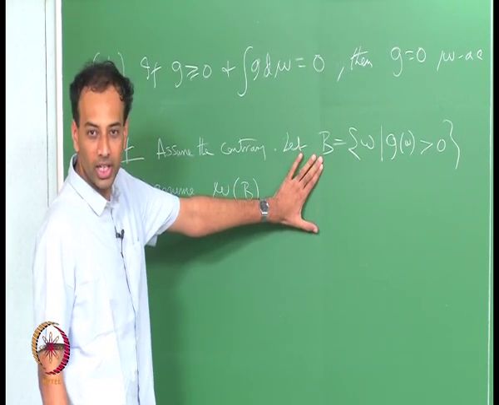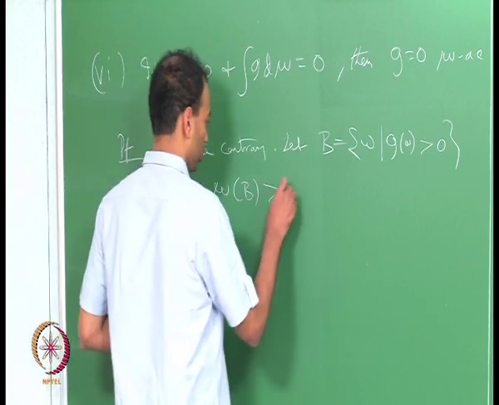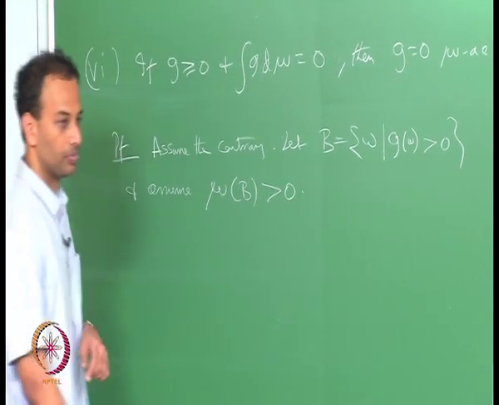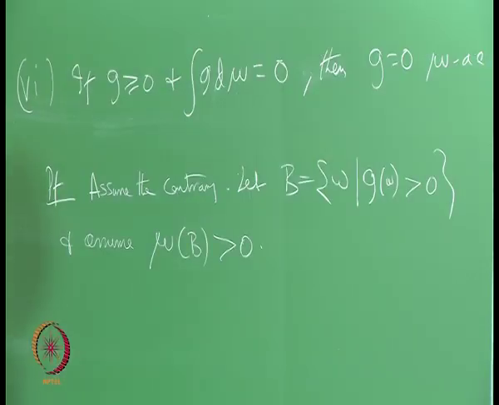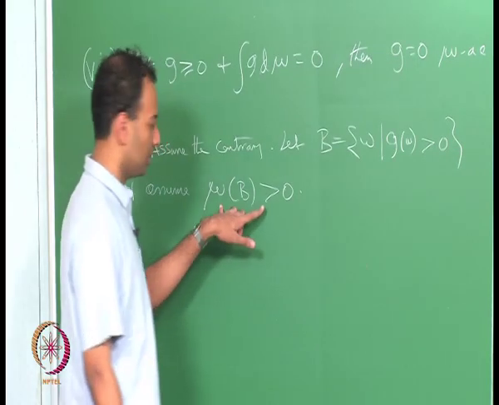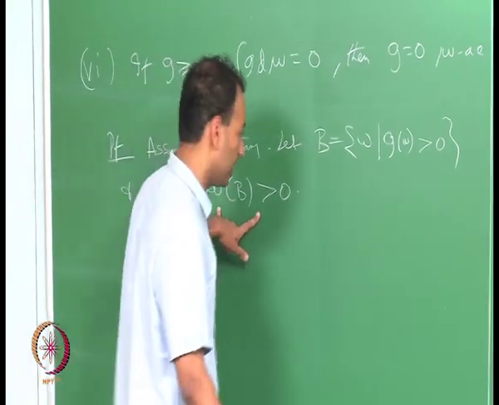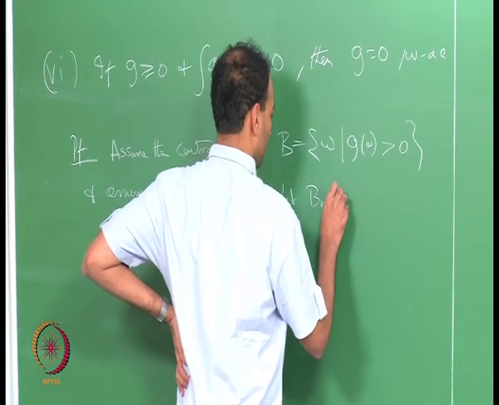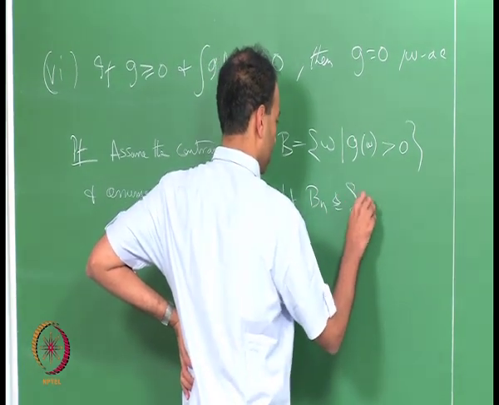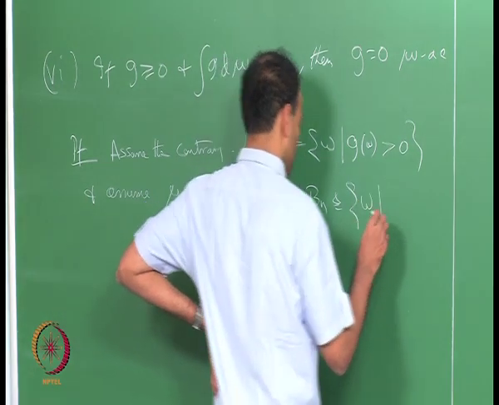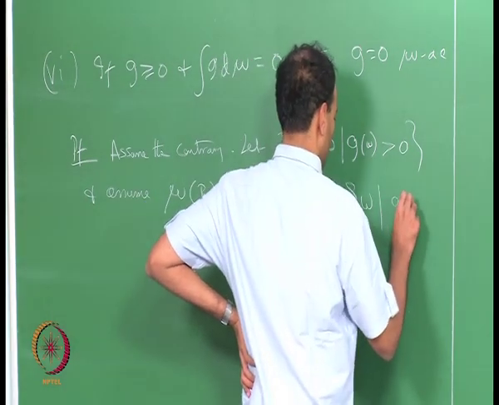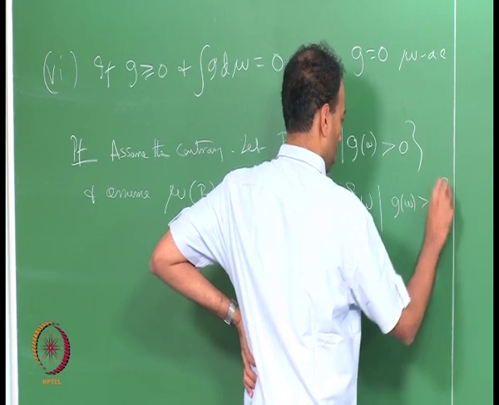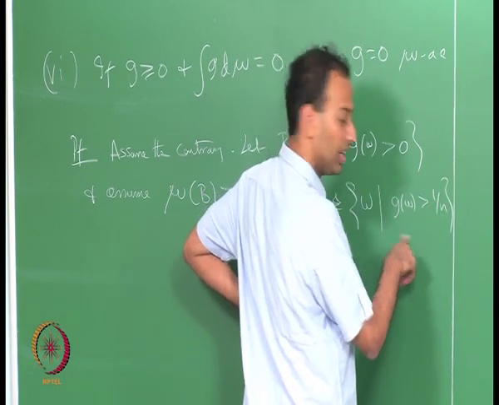To get a contradiction, you assume that mu B is not 0, that it is strictly positive. Now, you want to show that this leads to a contradiction, right. So, we defined B n as the set of all omegas for which g of omega is greater than 1 over n, right. This is what we defined, correct.